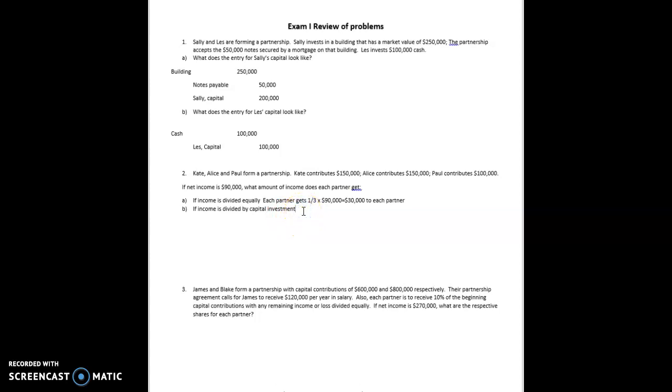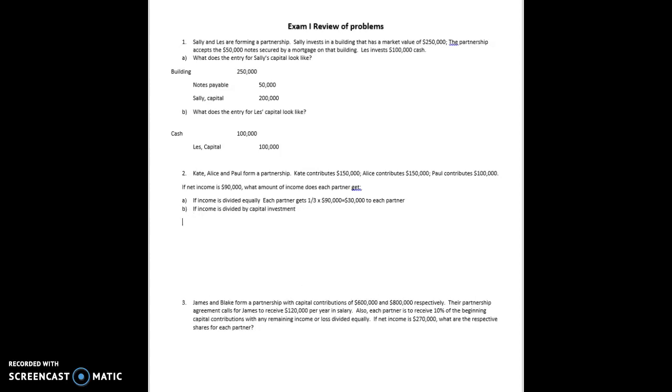Well, we have to figure out how much total capital there is, and then we can figure out the percentages of each of them. Total capital was $150,000 from Kate, plus $150,000 from Alice, plus $100,000 from Paul. So we get a total of $400,000 that was invested in the partnership.